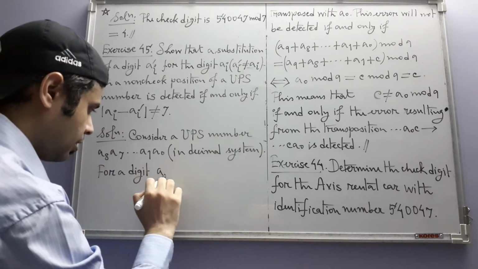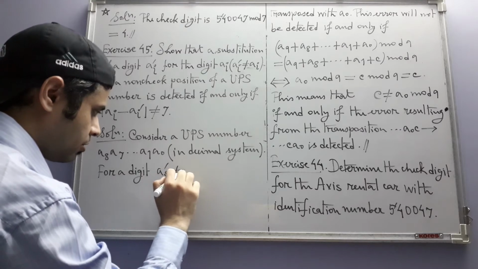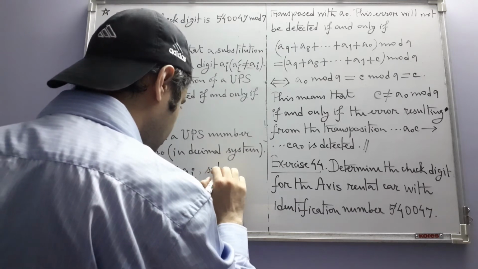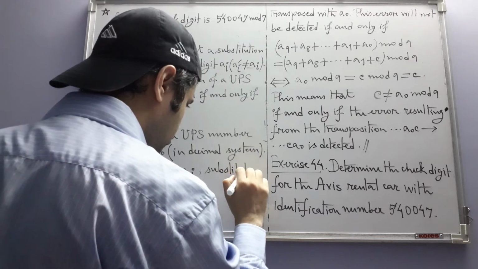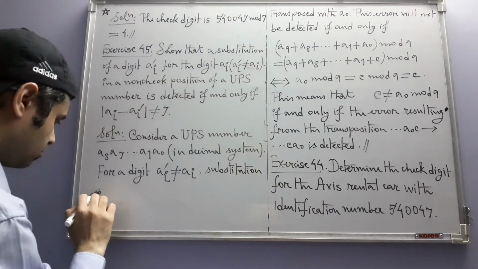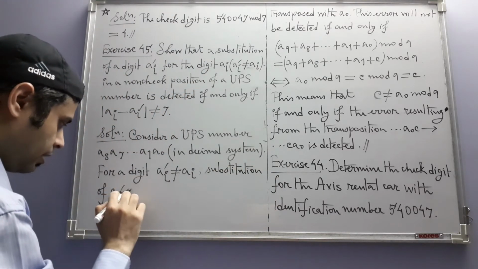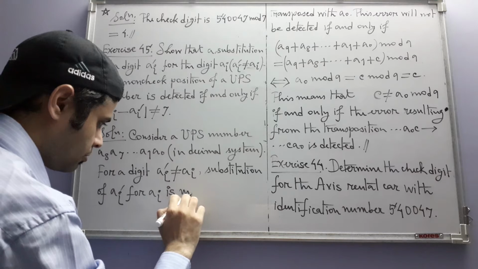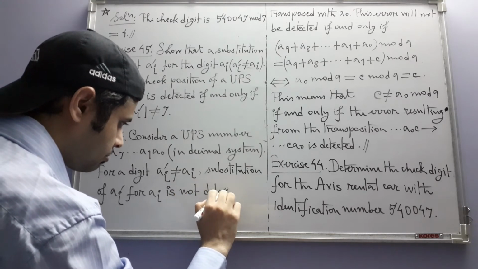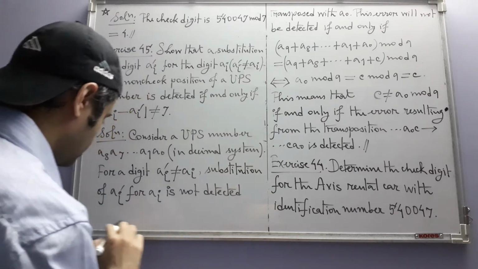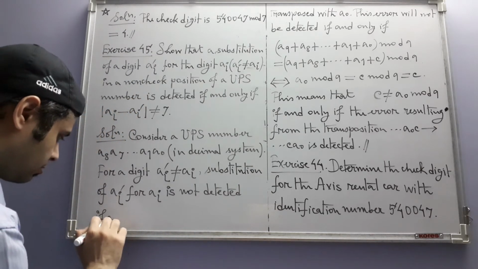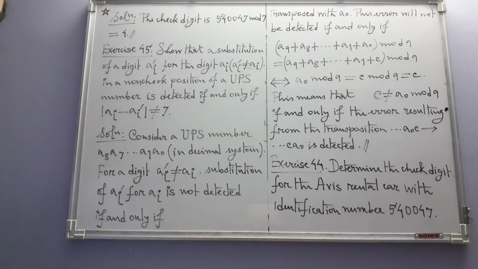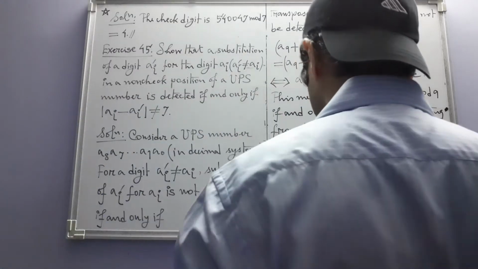For a digit ai prime not equal to ai, substitution of ai prime for ai is not detected if and only if the check digit remains the same.